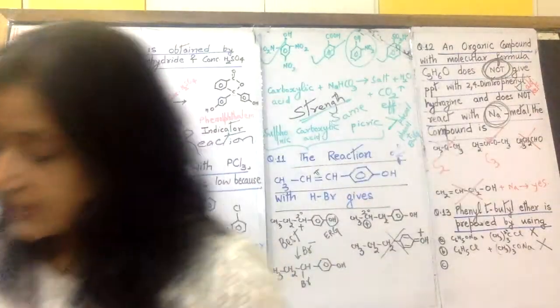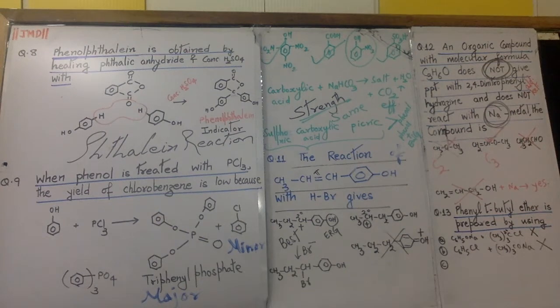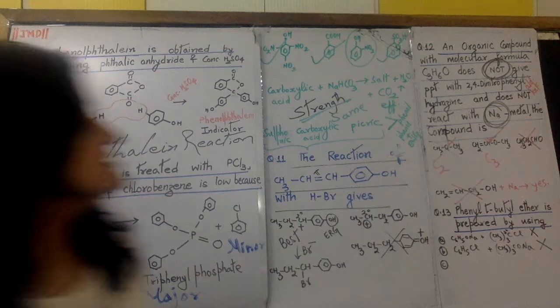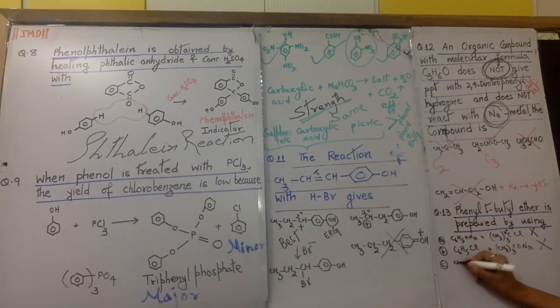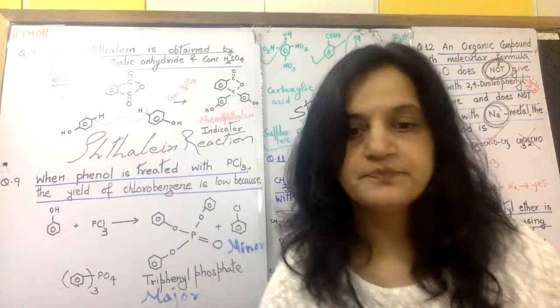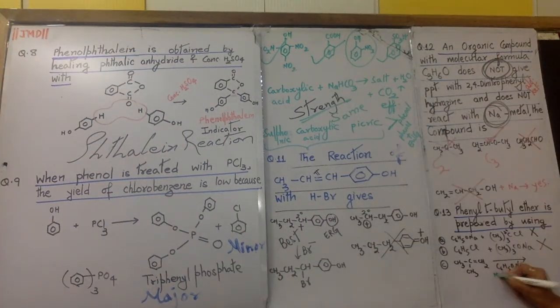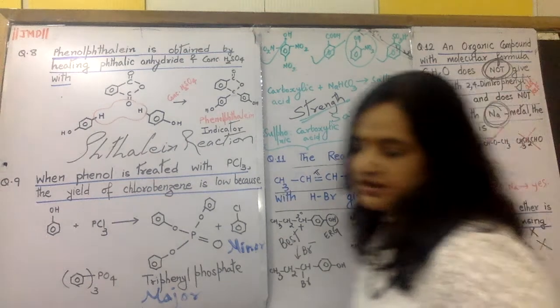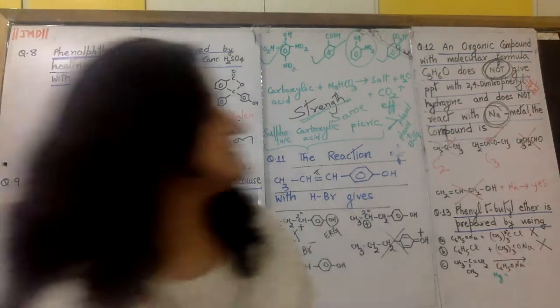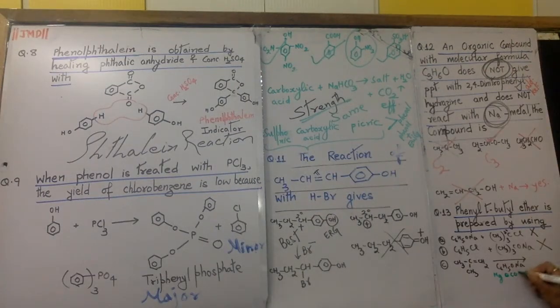The last option is, okay, let me just check what's the option. Isobutylene with mercuric acetate and phenol followed by NaBH4. Yeah, this is the answer because when I take isobutylene and I treat it with C6H5ONa and another thing is Hg(OCOCH3)2, mercuric acetate, so what will happen?